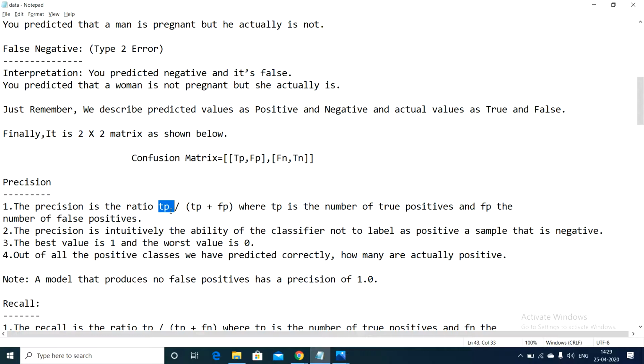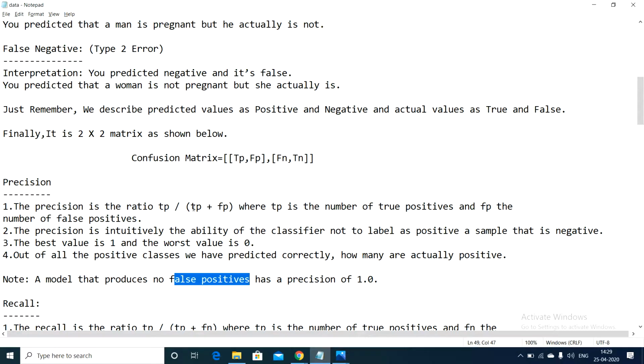Now, a model that produces no false positives has a precision of 1. If the false positive count is 0, then TP by TP becomes 1.